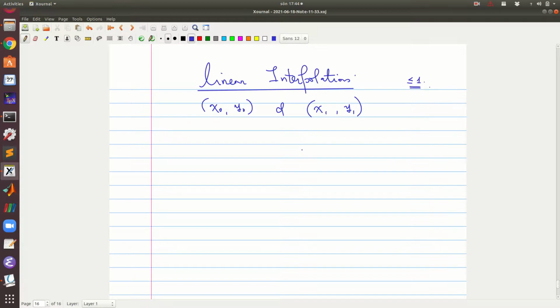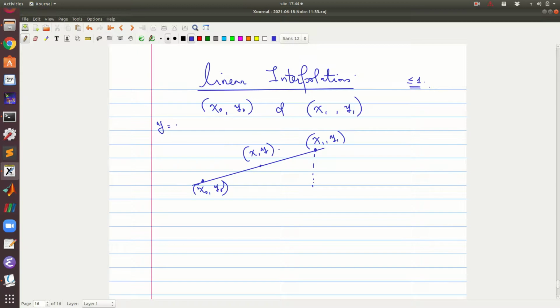Now that we are going to approximate these two sets of values using a polynomial of degree 1, which is simply a straight line, i.e. linear interpolation, we shall make use of a very simple concept of the gradient. So here we have the point x0, y0, and here the point x1, y1, and then let's say we have any intermediate point x, y.